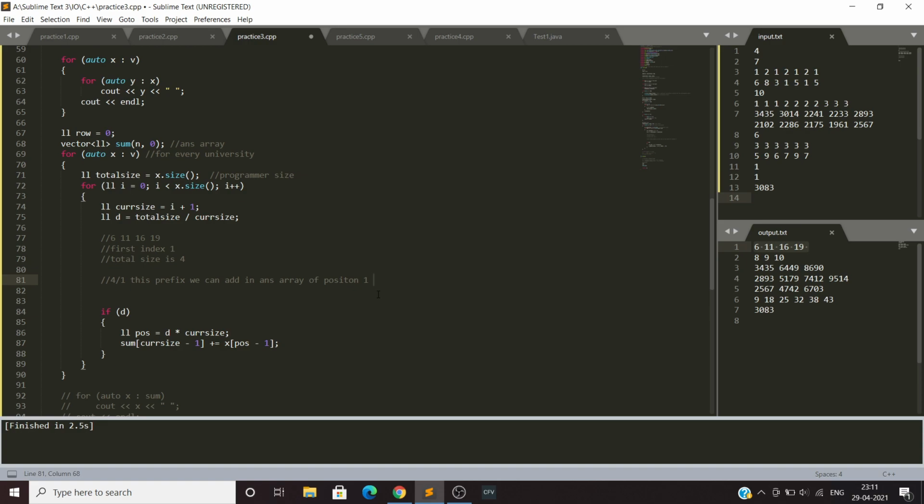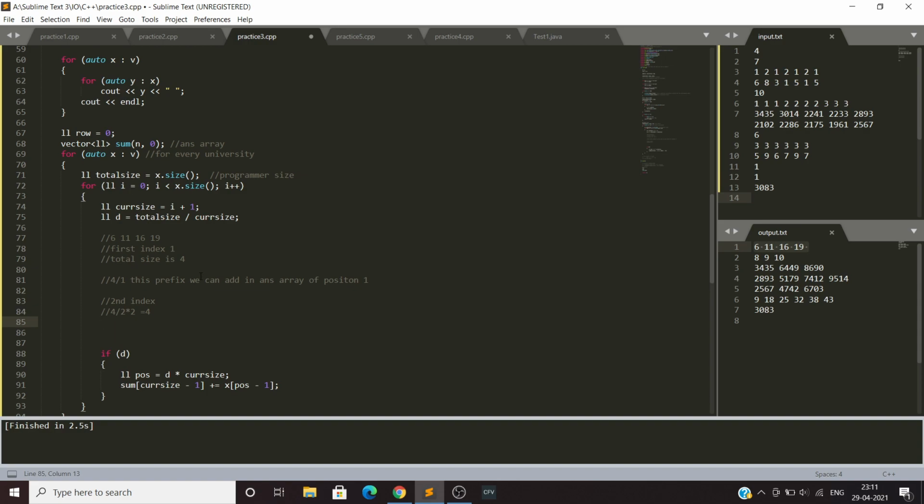So after that, we are at the second index. For the second index, the total size is constant. So the farthest point we can get here is 4 divided by 2, times 2. So this is equal to 4.